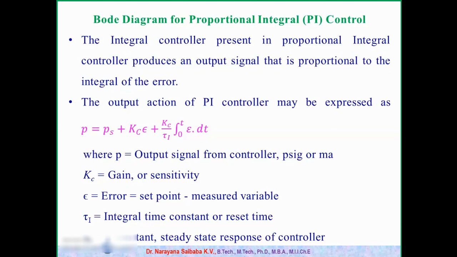When you add the integral element to the proportional controller, this integral element produces an output signal that is proportional to the integral of the error. That's why it is called an integral controller.